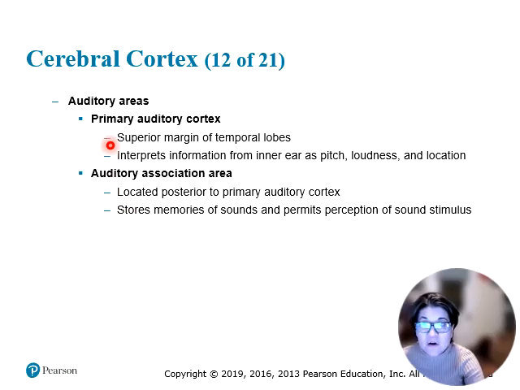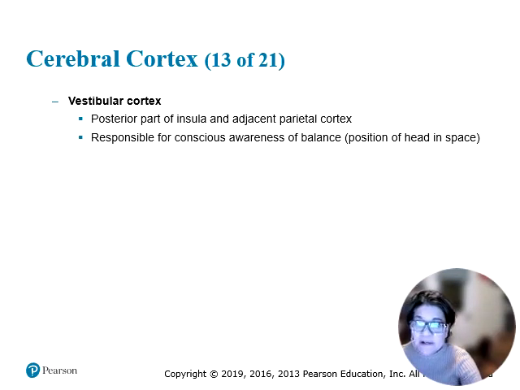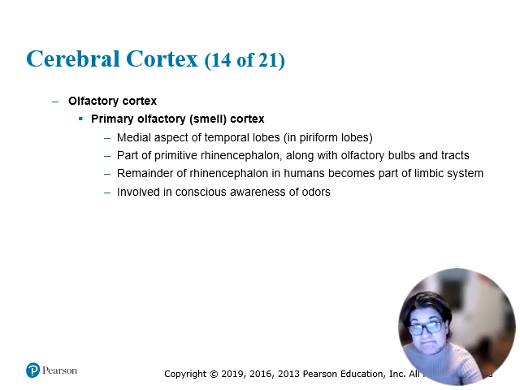Auditory areas: you have the primary auditory cortex. This is in your temporal lobe. So this gets information from your inner ear and makes sense of it. And then you have auditory association area, kind of like visual, and this helps you make sense of it and understand what you're hearing. The vestibular cortex helps you with balance.